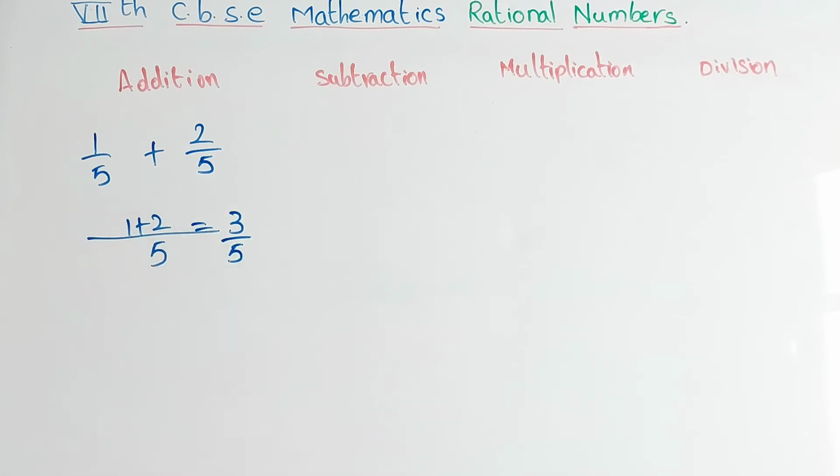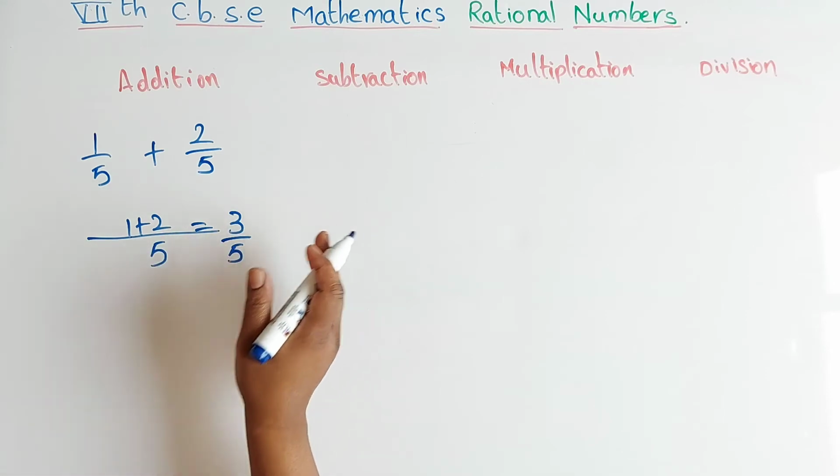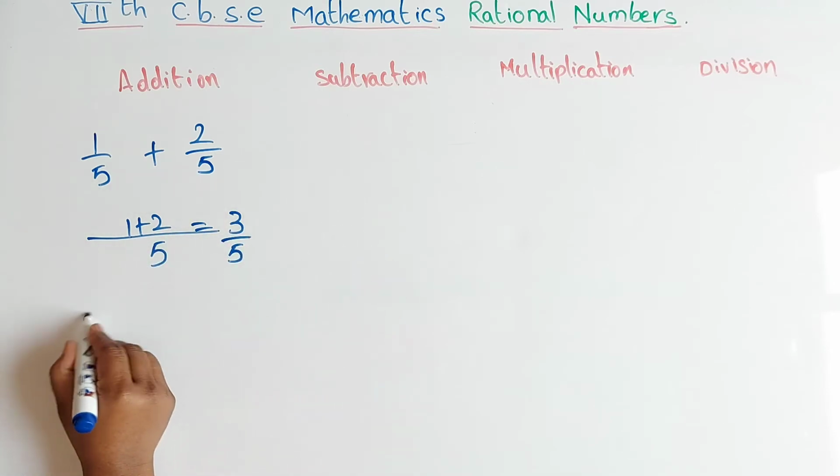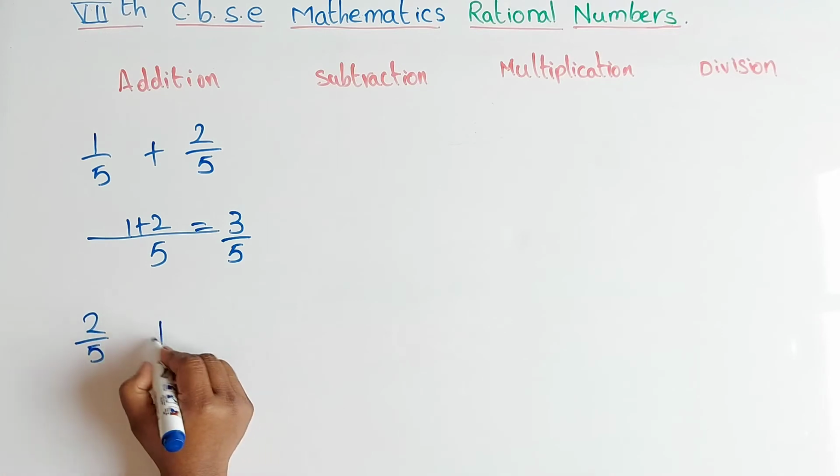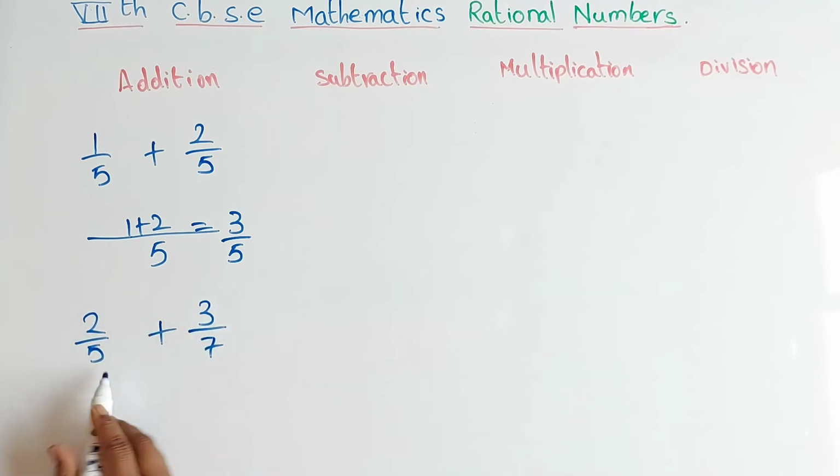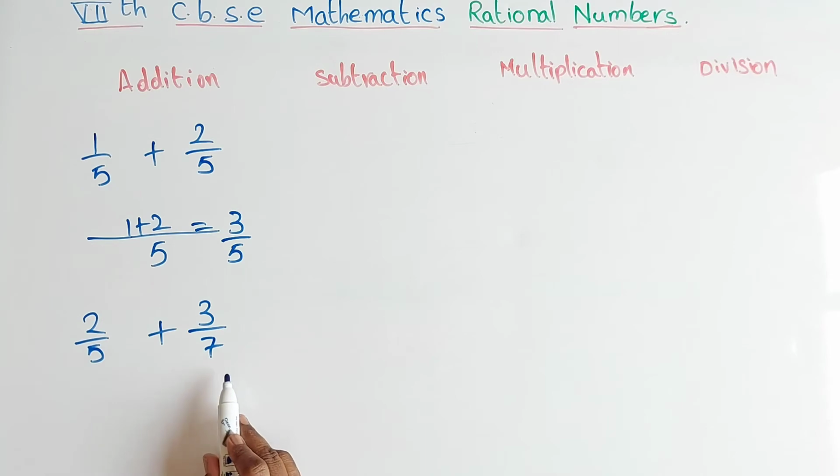Now we will see with different denominators. Right, children? Addition of two rational numbers with different denominators. Let's take the example 2 by 5 plus 3 by 7. Here we have 5, here we have 7. Now what do we have to do? We have to change the denominators into the same denominator. What is the LCM of 5 and 7, children? That is 35.